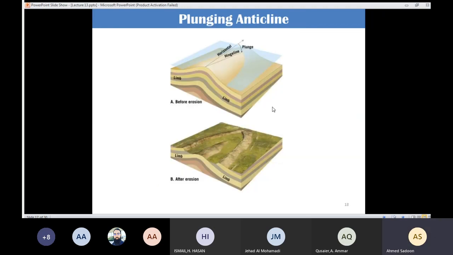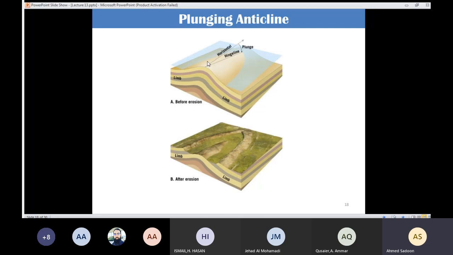So if you are looking here, if you are going to form a plane for that point here, we are going to form a plane like this one, and assume here we draw a horizontal line.